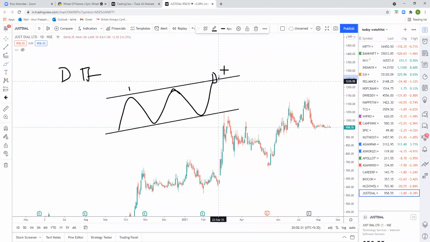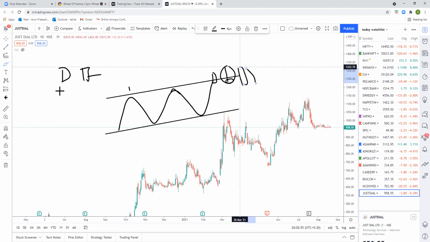Because when you see a long wick rejection in daily time frame, this is an inverted hammer in daily time frame. So it means a 15-minute candle or even a 1 hour candle on this day would have closed above this trend line and still the market came down. And in daily you have an inverted hammer. So this time you do not want the same thing to repeat.